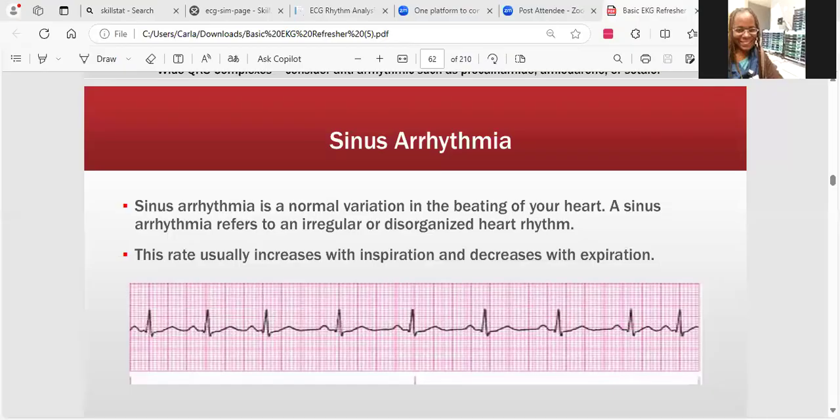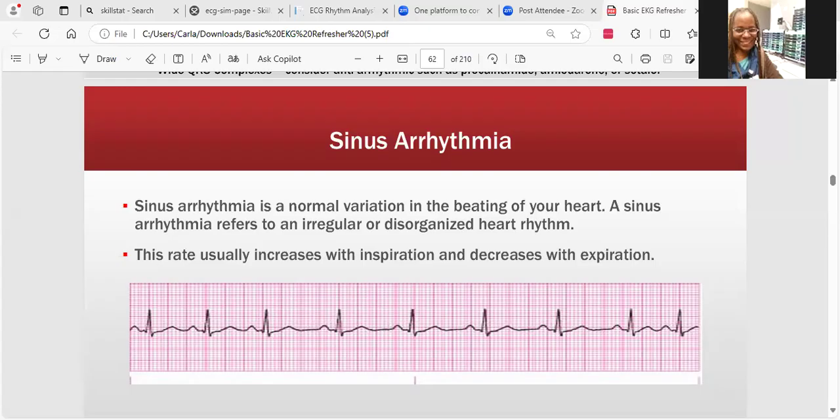This next rhythm is sinus arrhythmia. All of our rhythms that are sinus are P waves that are followed by a QRS complex. Sinus arrhythmia is a normal variation of the beating of your heart. Sometimes your heart speeds up, sometimes it slows down, sometimes it changes as you breathe, the inspiration and expiration process.